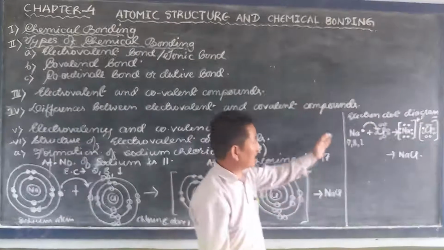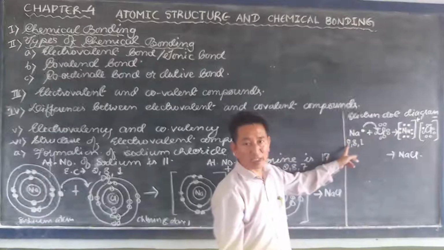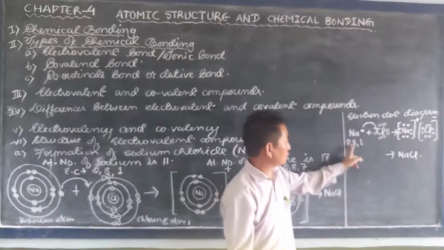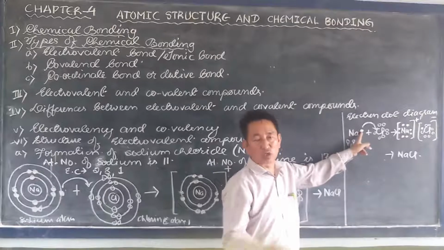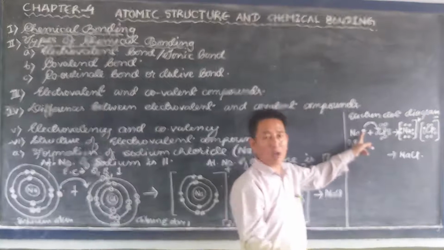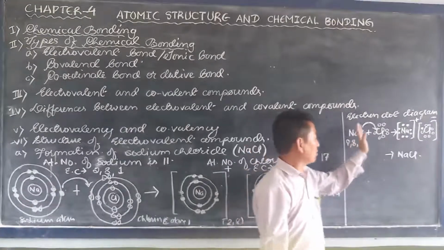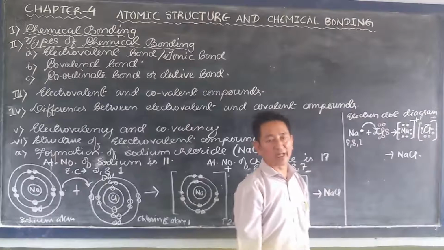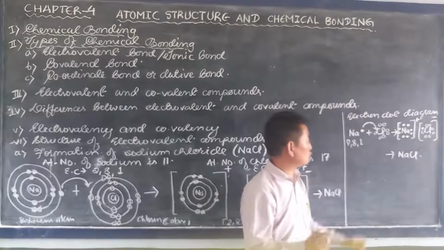Now next, the electron dot diagram. As you can see here, the electronic configuration of the sodium atom is 2, 8, 1. Outermost cell has 1 electron. Sodium loses 1 electron. After losing 1 electron, this sodium atom acquires the stable electronic configuration of the nearest noble gas neon, 2, 8.